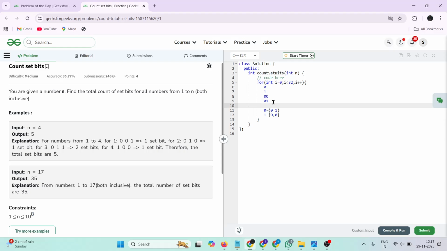Then the numbers will come with 1, like this one is 1. Now another one, the same things will come with 0, and this one is 1, right?